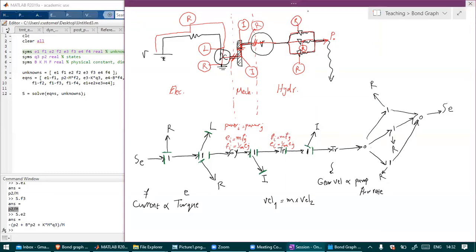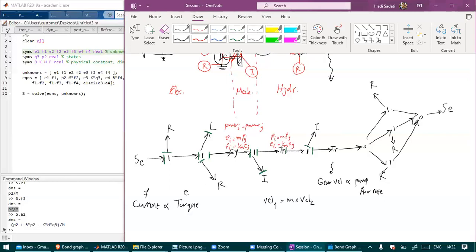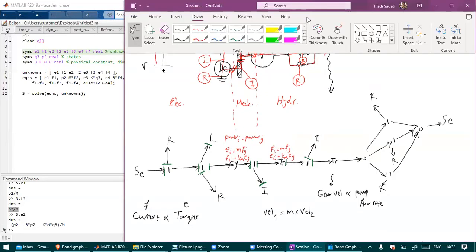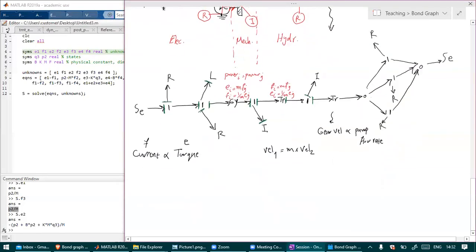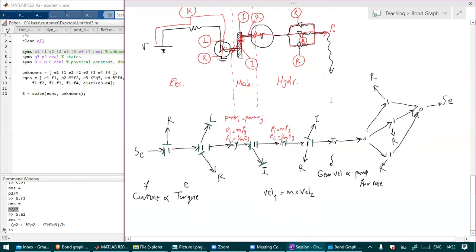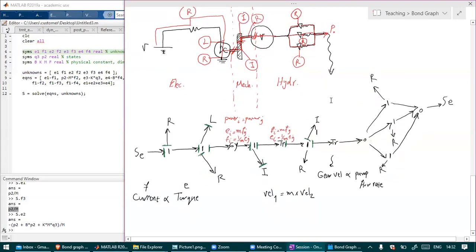So I basically need to add it to the same one junction here. Yes? Yeah. But it doesn't actually help because anyway, it doesn't change the causality on this side.